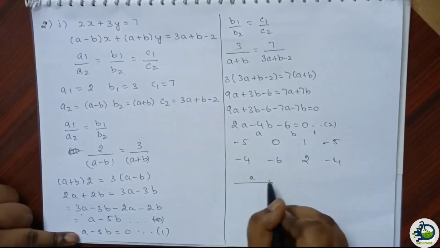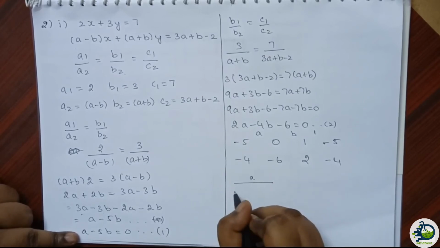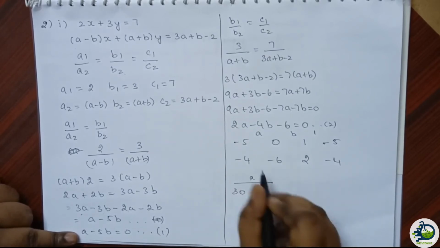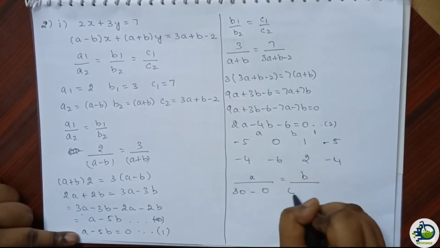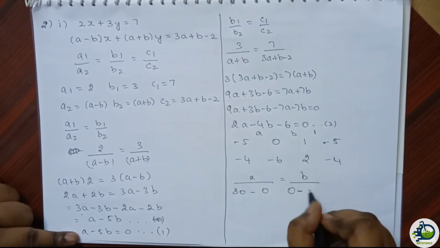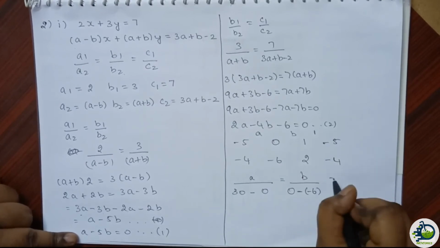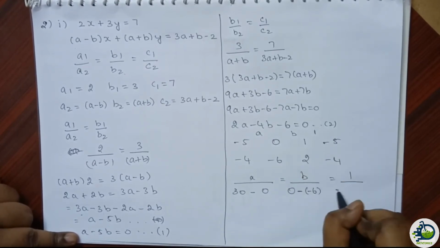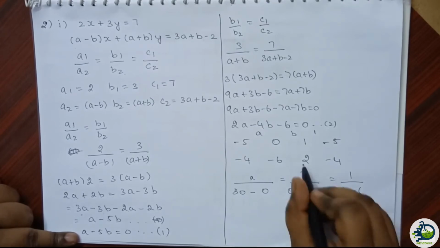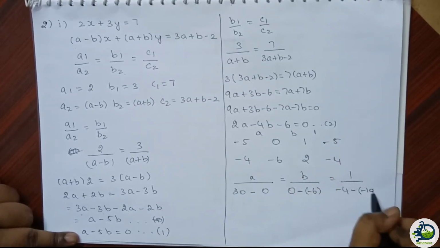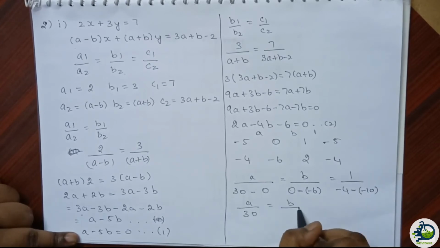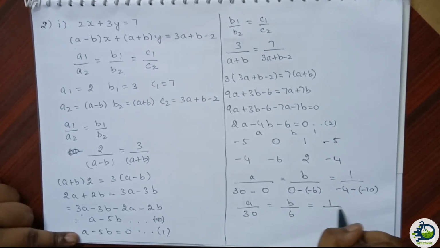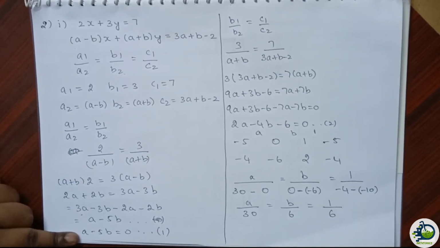So a divided by minus 6 minus 5 is plus 30 minus 0, which is equal to b by 2 into 0 is 0 minus 6 into 1 is minus 6, equal to 1 by minus 4 minus 2 into minus 5 is minus 10. So a by 30 equal to b by 6 equal to 1 by minus 4 plus 10, which is plus 6.